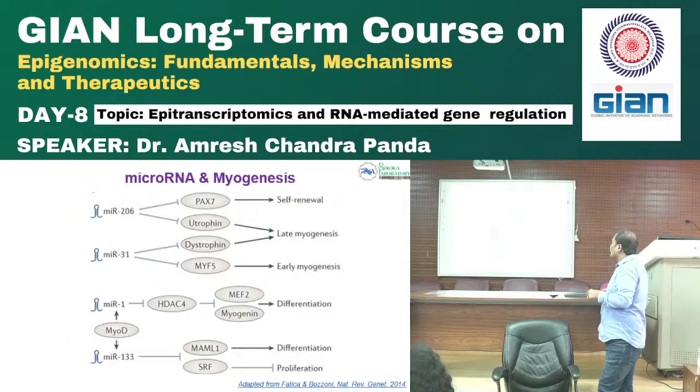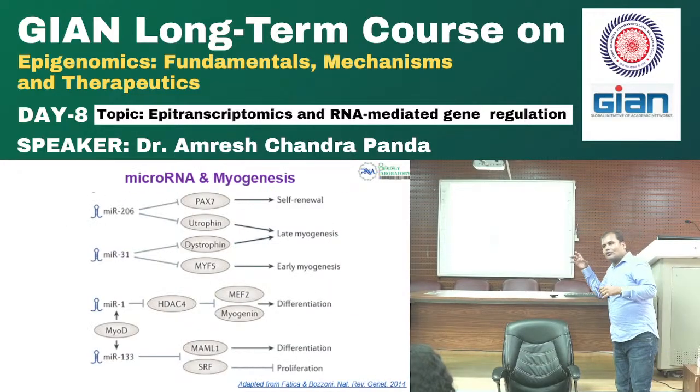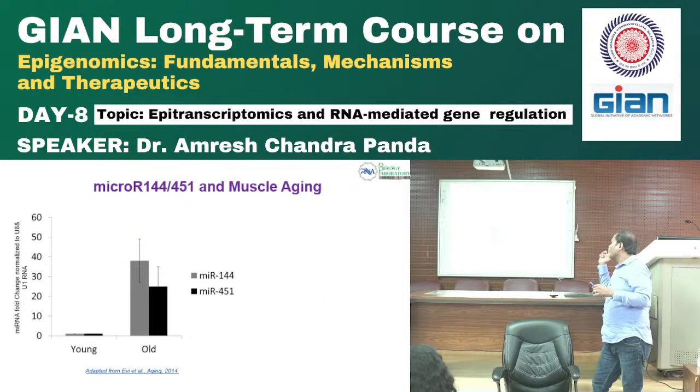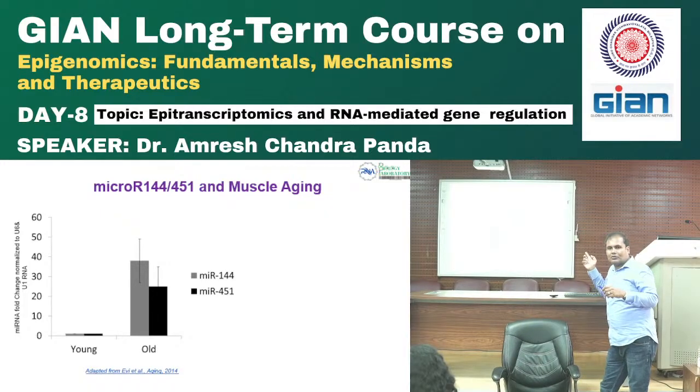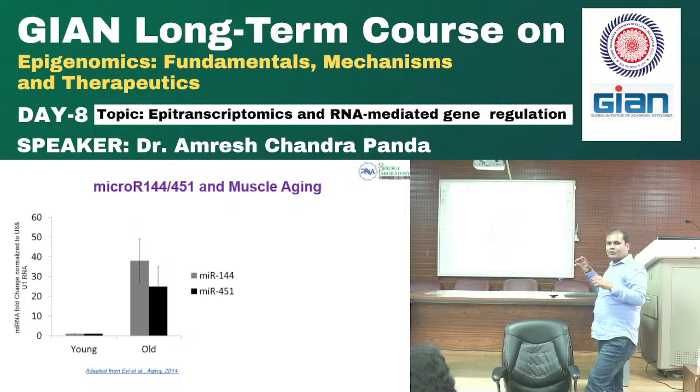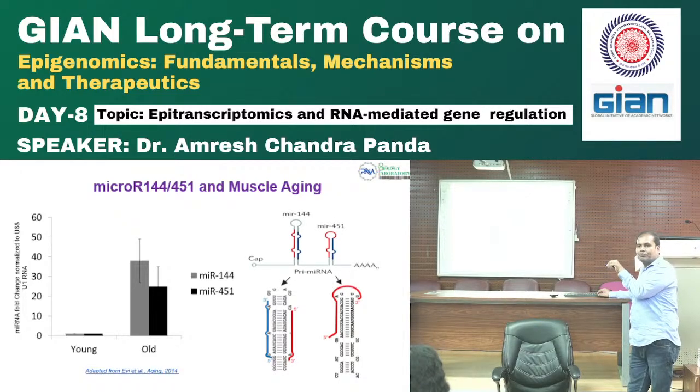So as I said, in the young and old, this is an old work from my postdoc lab where we looked at young and old muscle cells, and the previous publication in the lab showed that one of the microRNA clusters, these are two microRNAs coming from one primary microRNA, one gene giving rise to two microRNAs, they are upregulated.